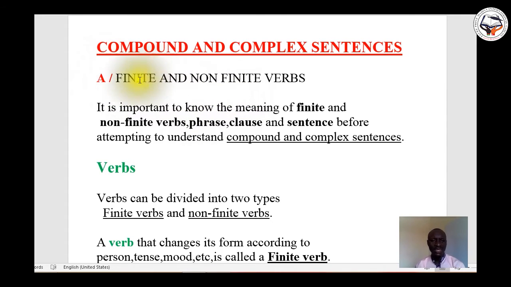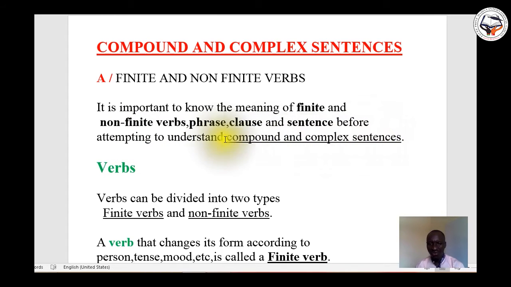First, let us define what finite and non-finite verbs are. It is important to know the meaning of finite and non-finite verbs, phrase, clause, and sentence before attempting to understand compound and complex sentences.